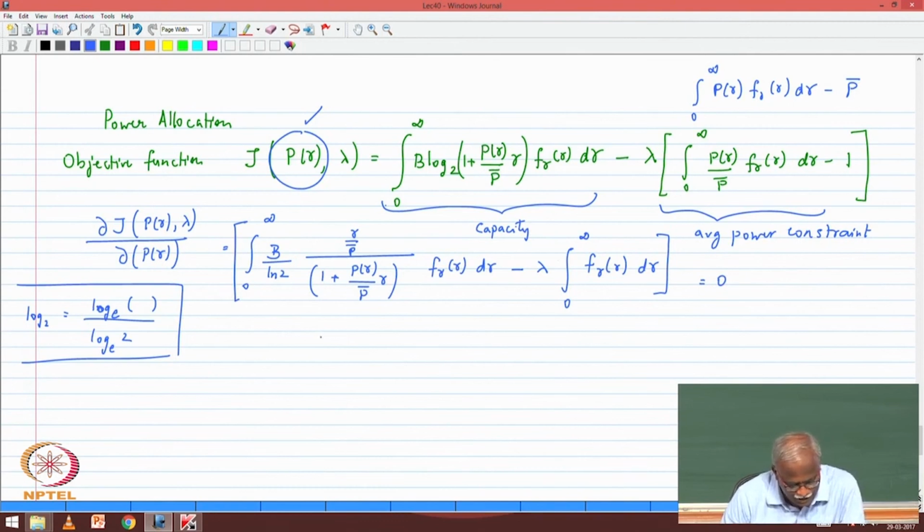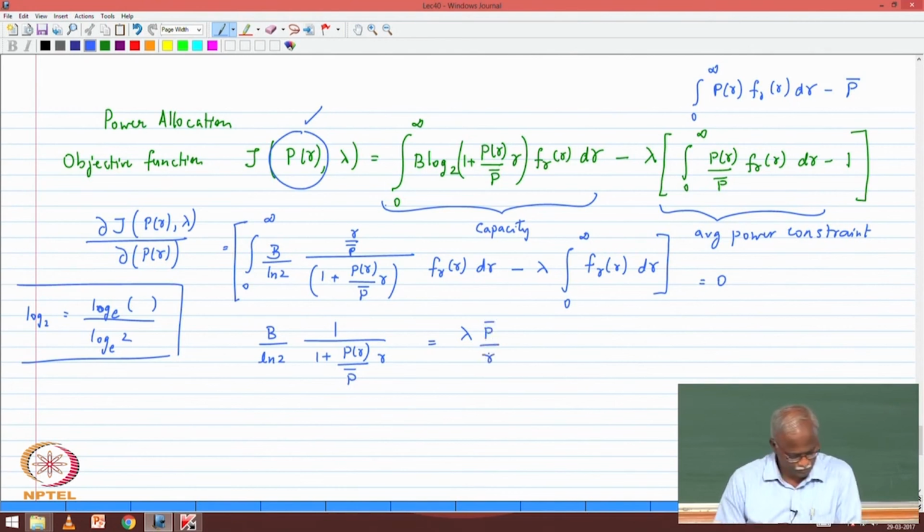And under that condition, what we will get is b divided by ln 2, 1 divided by 1 plus p of gamma by p bar gamma, is equal to lambda times p bar divided by gamma. Please check that I have not made a mistake.